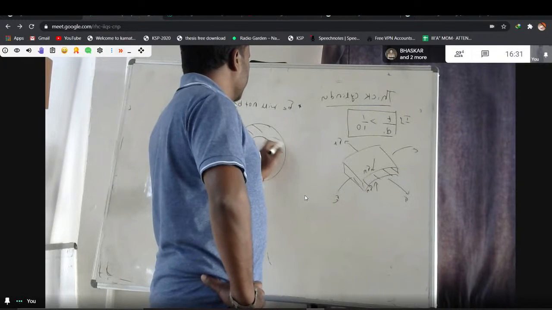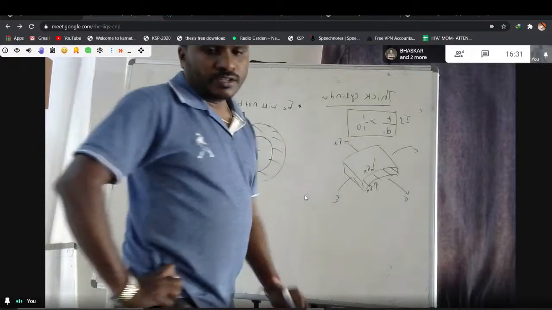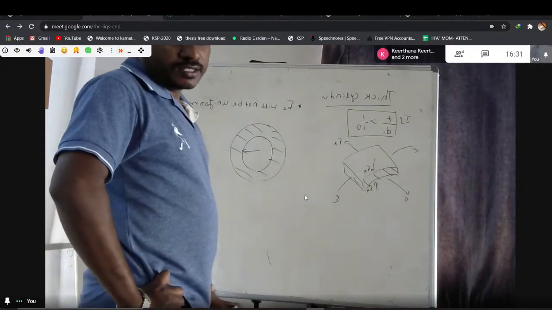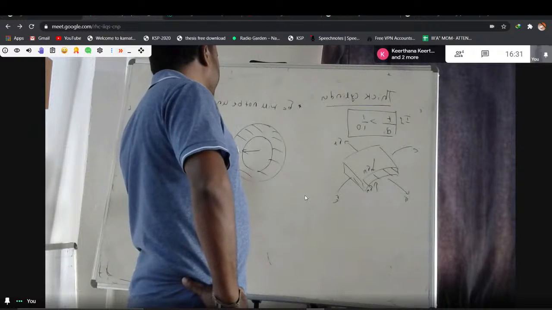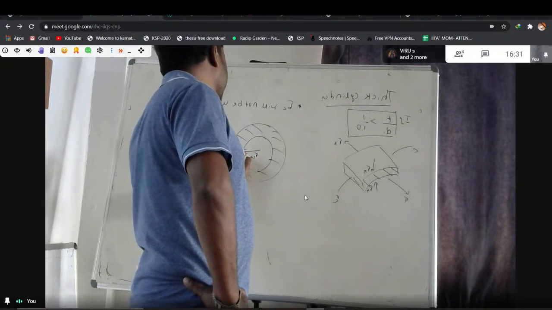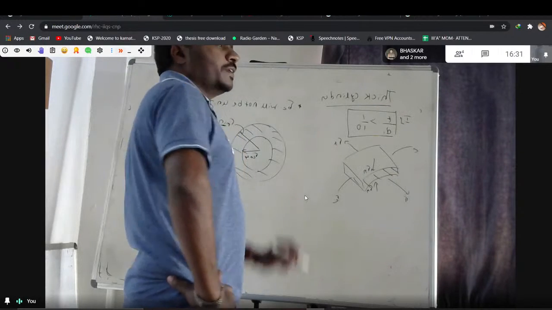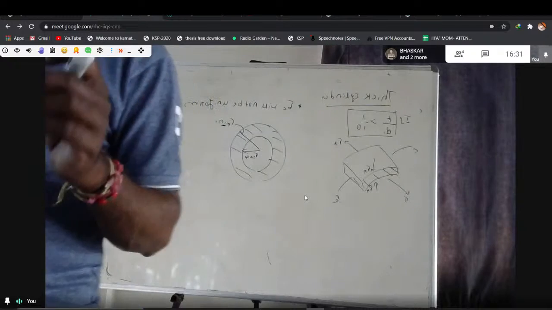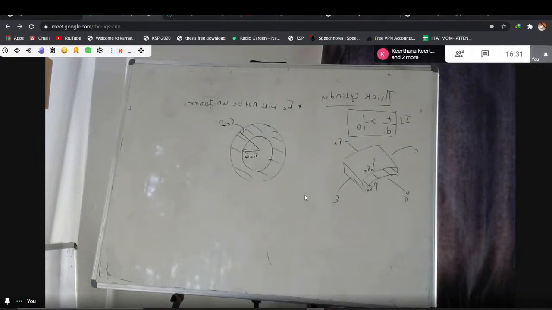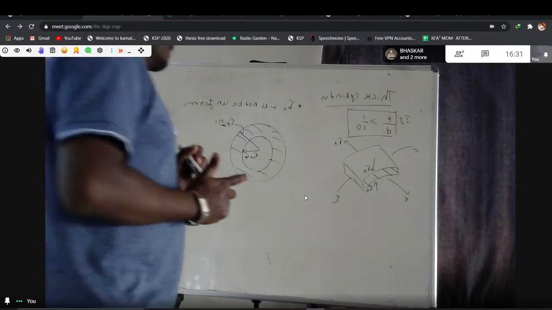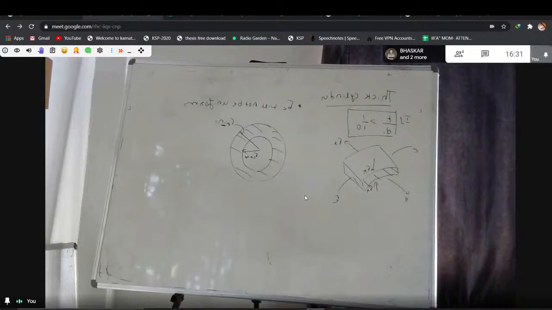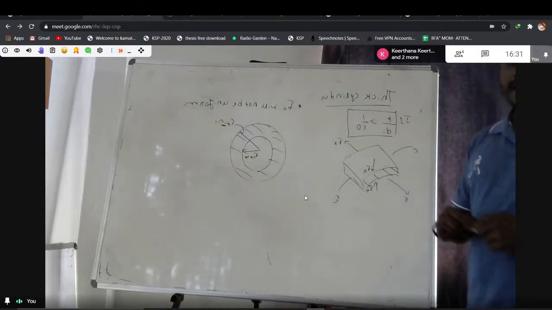Sigma c at the inner surface, the inner radius, is maximum, and at the outer surface it is minimum. It is not zero, but minimum. This is the main difference between the thin and thick cylinder.